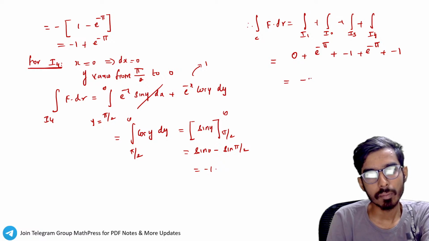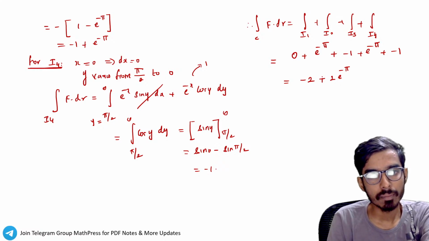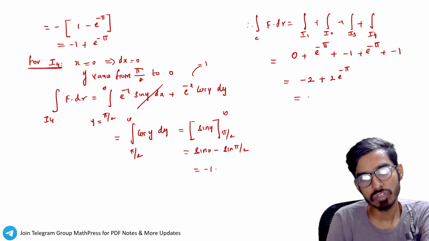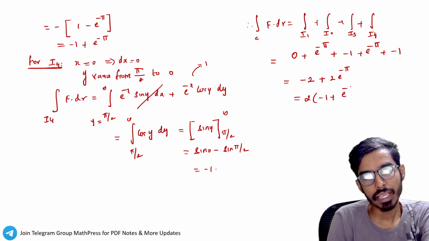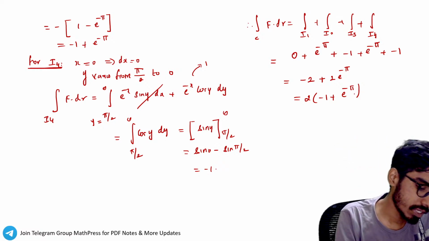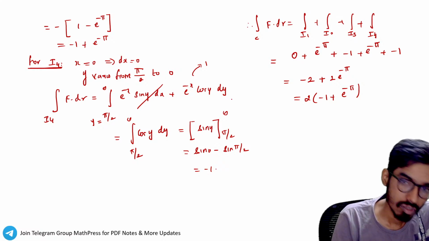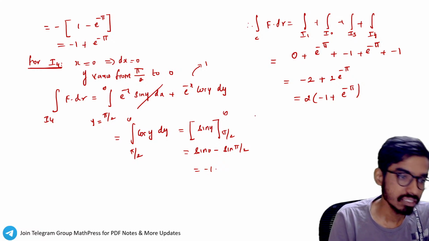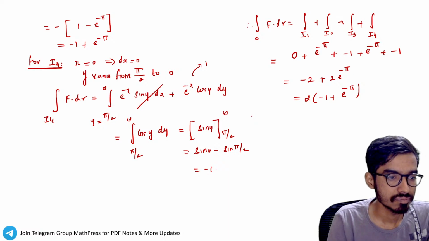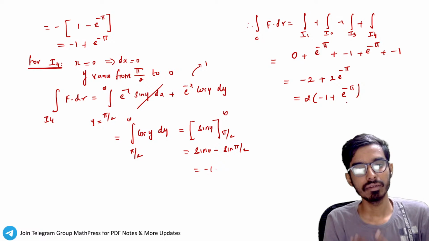So this will be minus 2 times e power minus pi, minus 1 minus 1. This is plus 2 times e power minus pi. If I take this 2 outside, so 2 times minus 1 plus e power minus pi is the required answer. Right? This is the required answer.